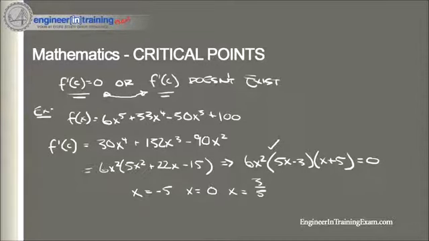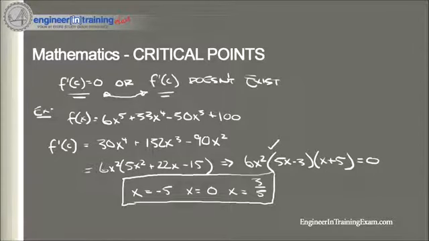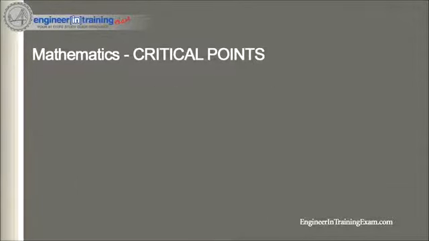So our three critical points in this case are x equals -5, x equals 0, and x equals 3/5.